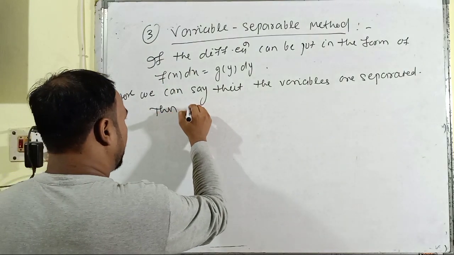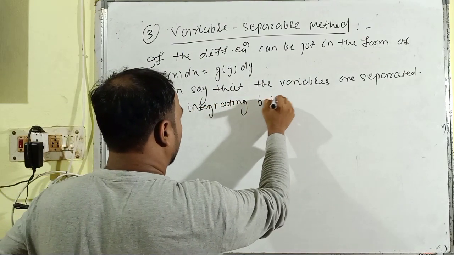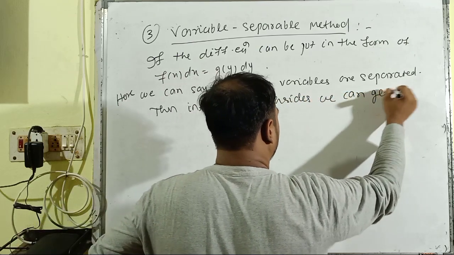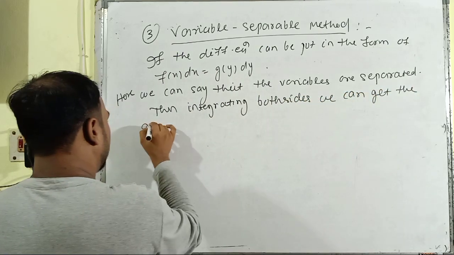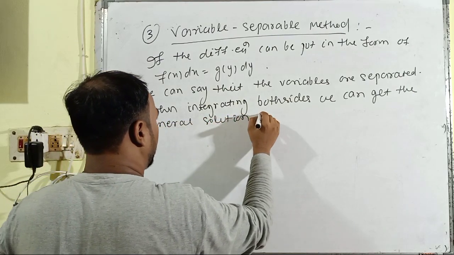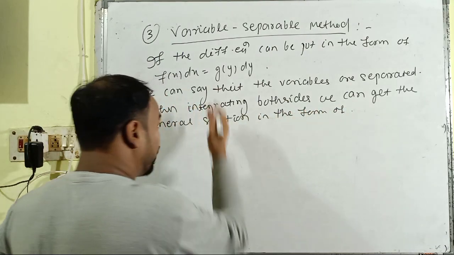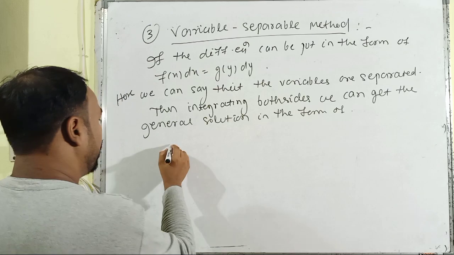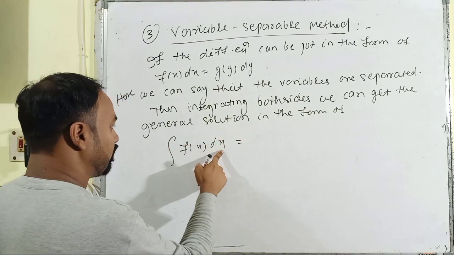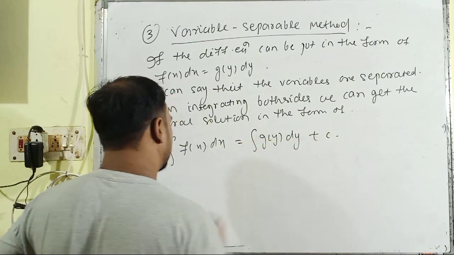Then, integrating both sides, we can find the general solution in this way: integral of f of x dx is equal to integral of g of y dy plus any constant c.